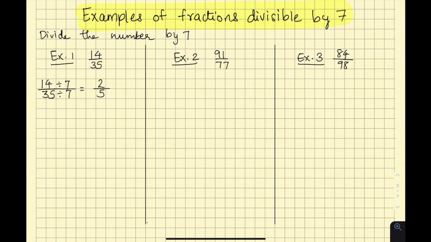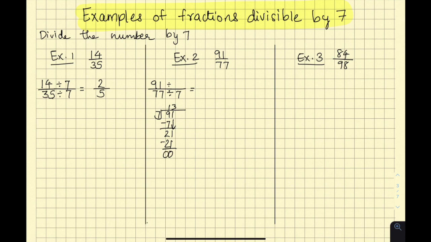Next example is 91 over 77. Now 91 upon 77, you can easily see and find out it is divisible by 7. Now 91, there is no other shortcut for 7 except for dividing. So 7 ones is 7, 9 minus 7 is 2, 1 comes down, 7 threes is 21.